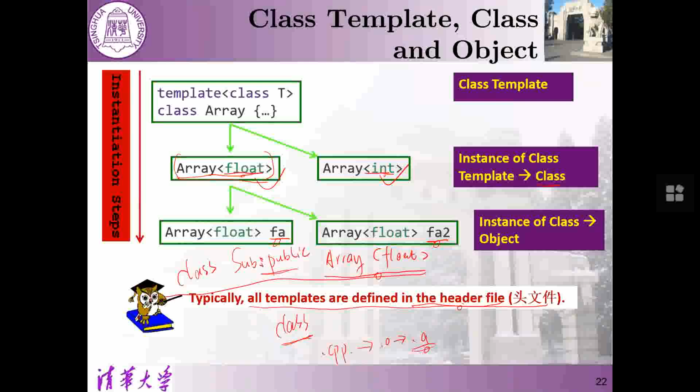In this way we can kind of protect our intellectual property. However, if you use templates and want others to use your code, you have to provide your header file, and all the template implementation is in the header file. So there actually is no way to protect your intellectual property. So this is a constraint on templates.